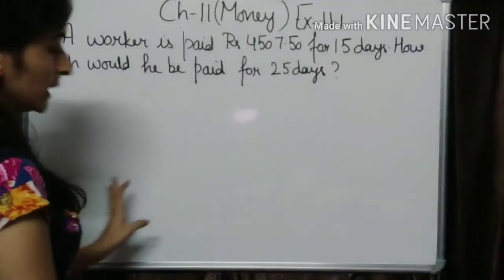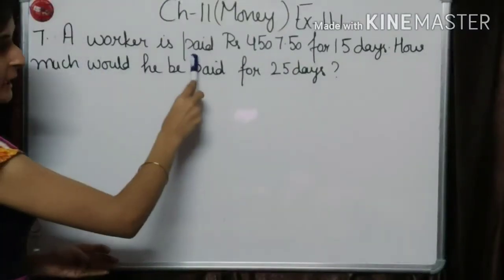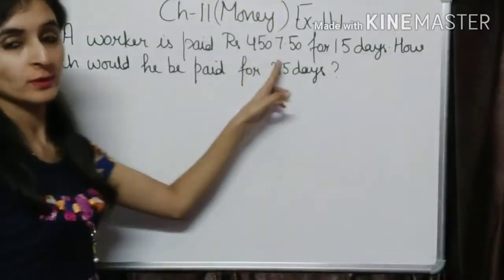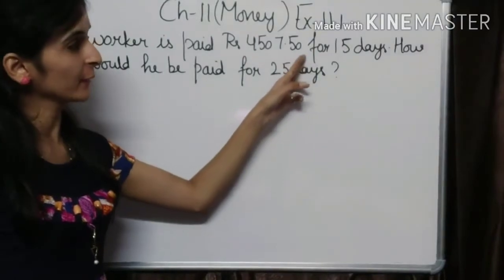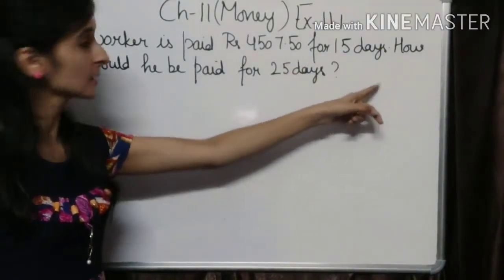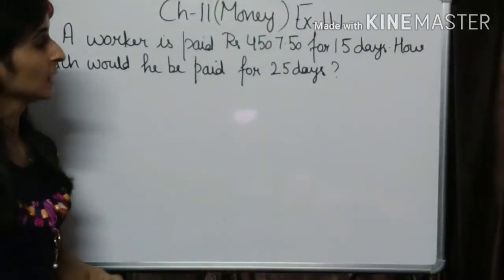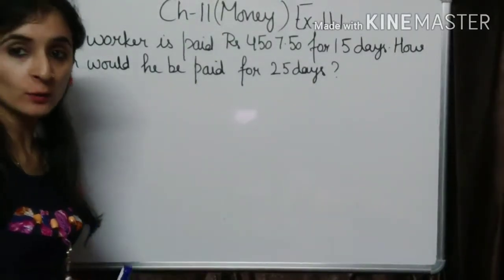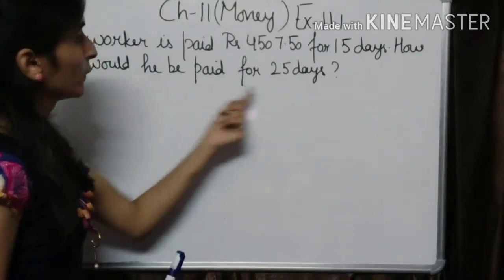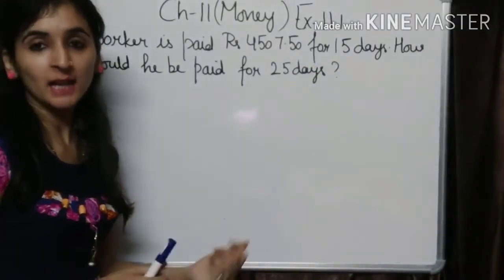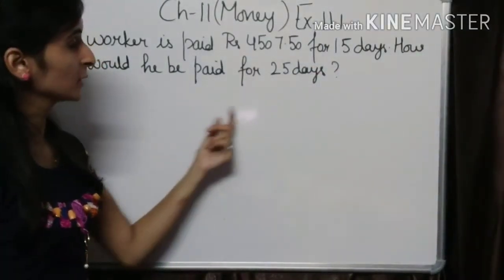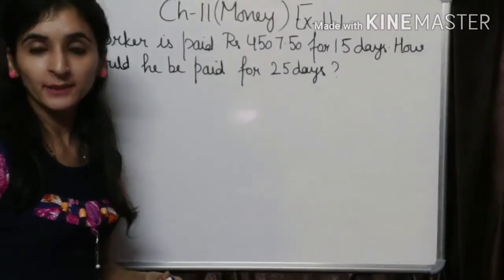Now the next question is: a worker is paid rupees 4,507 and 50 paise for 15 days. How much would he be paid for 25 days? Now we are given the amount paid to the worker for 15 days and we have to find out the amount paid to the worker for 25 days.